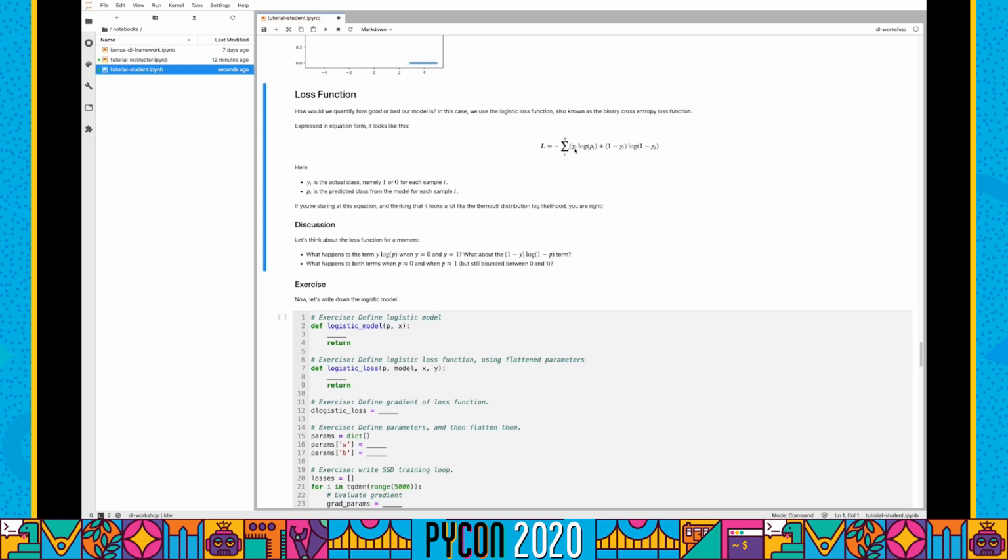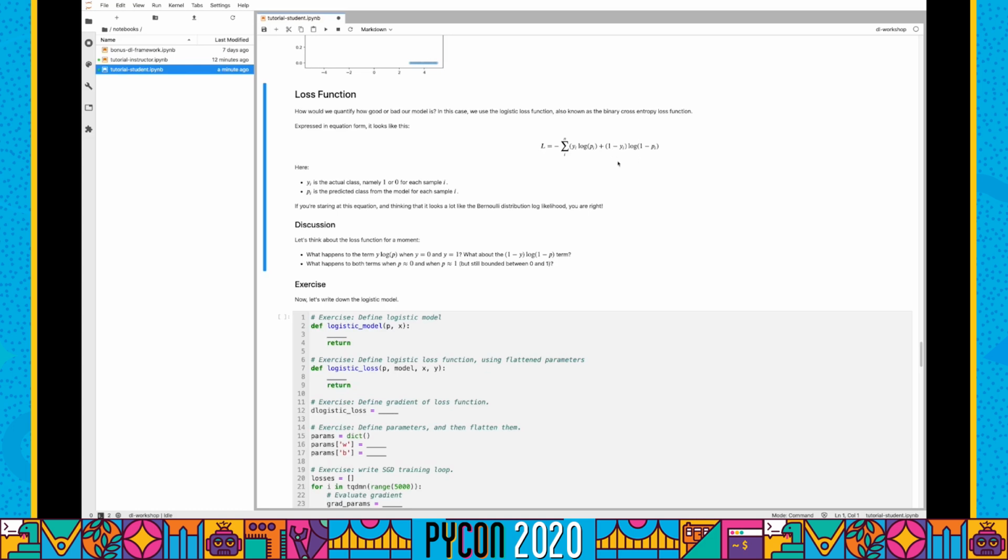So when the ground truth class is 1, and the predicted value is close to 1, we'll get a small number. At the same time, we'll also need to compare 1 minus y_i and 1 minus p_i. This helps us deal with the ground truth class being 0, where in that case this term goes to 0, and so therefore we're left with this other term on the right.